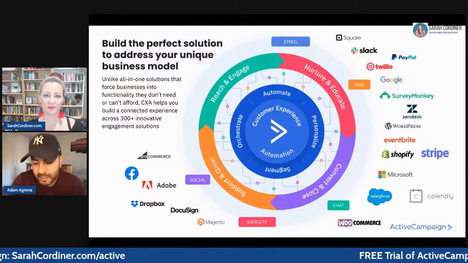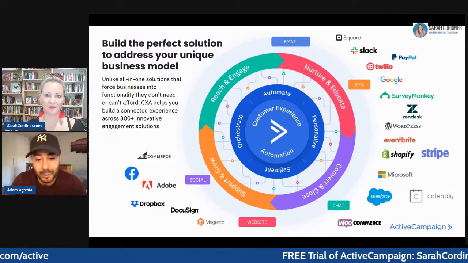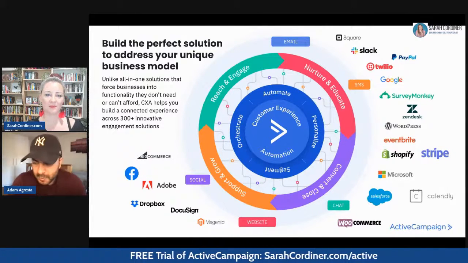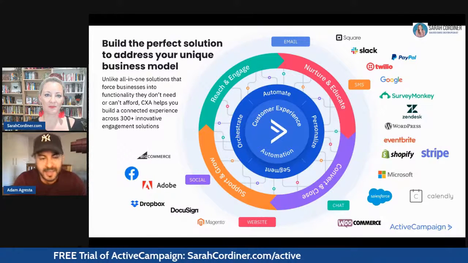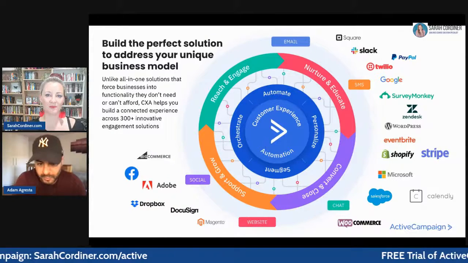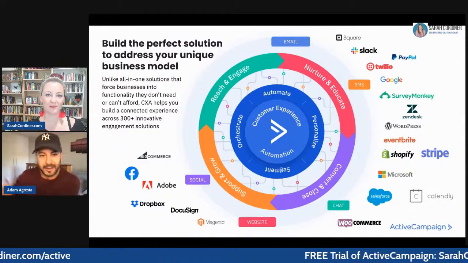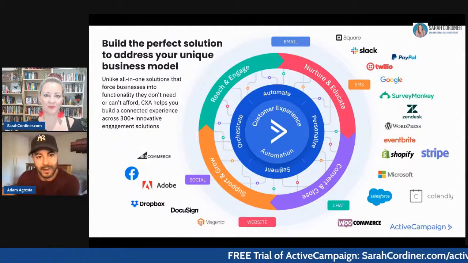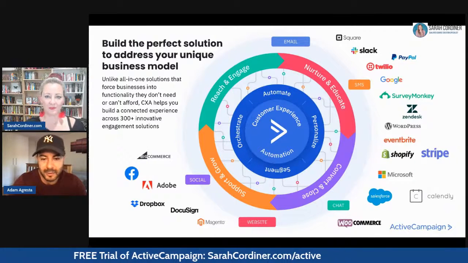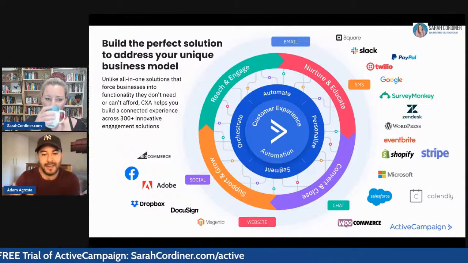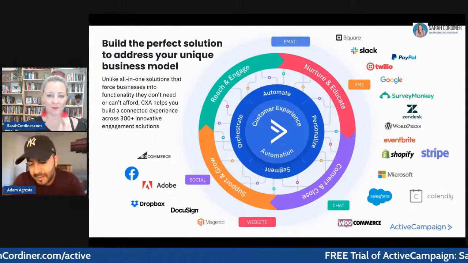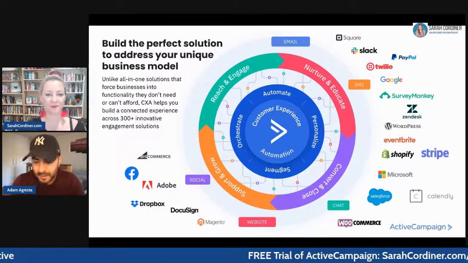All-in-one tools claim to be exactly that, but there might be a particular landing page feature or a CMS feature that just isn't working for you, which means you have to go out into the market and look for an alternate application. What we're saying is we make it super easy for you to connect any application that might be best in breed. So use ActiveCampaign instead of an all-in-one solution.